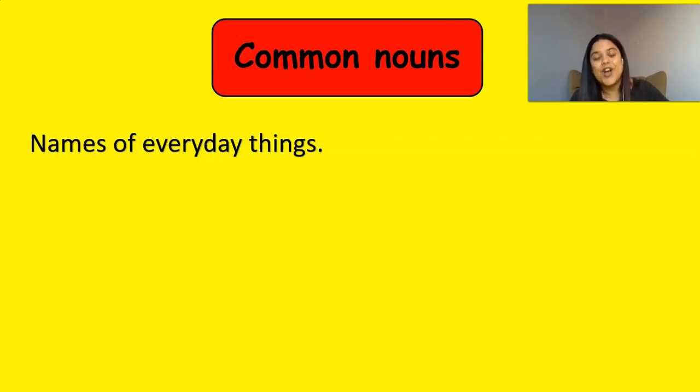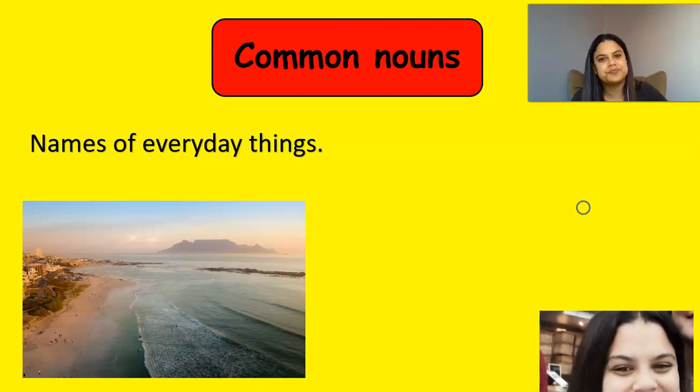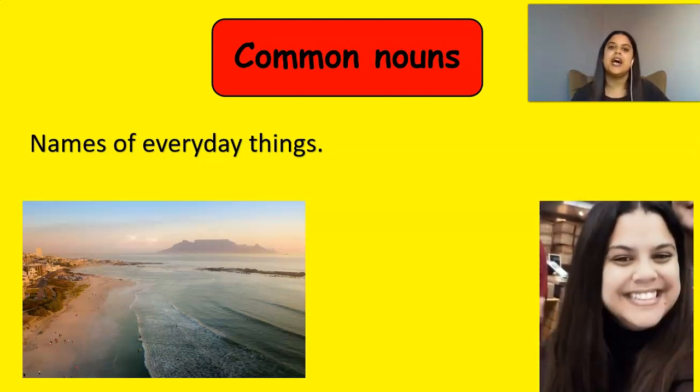Common nouns. Common nouns are names of everyday things. So I'm going to put the pictures back up again. Again, we have Table Mountain, and there we have, well, me. And so we are going to work on these two pictures again, and we're going to see how it's different from a proper noun.